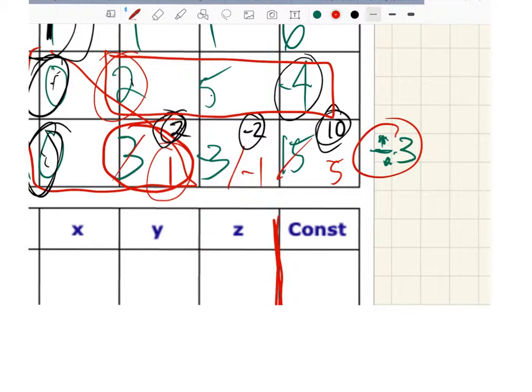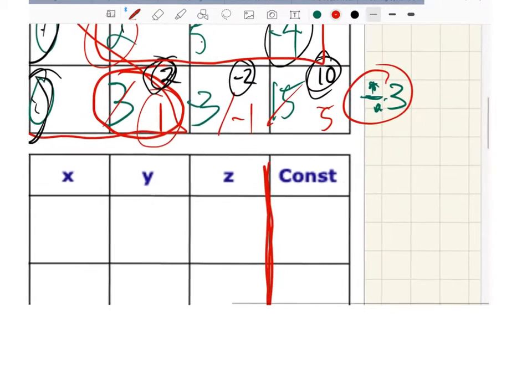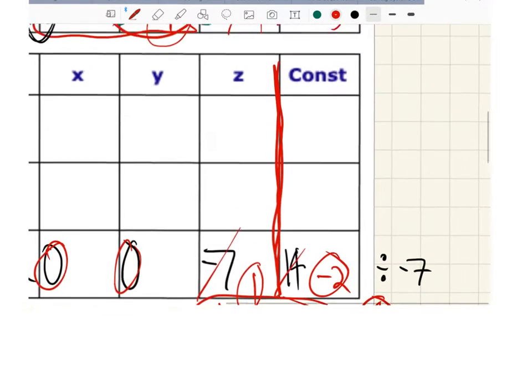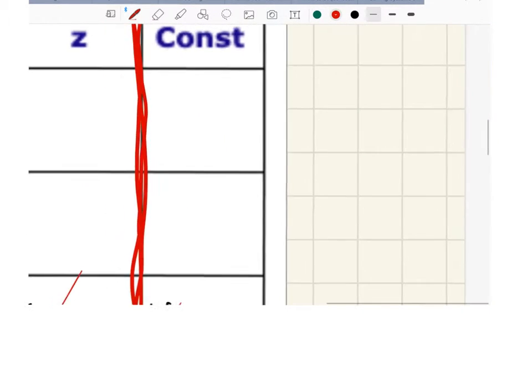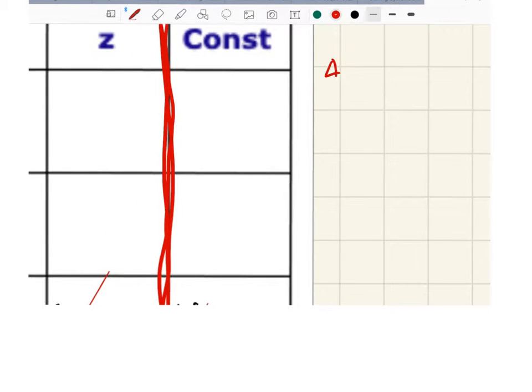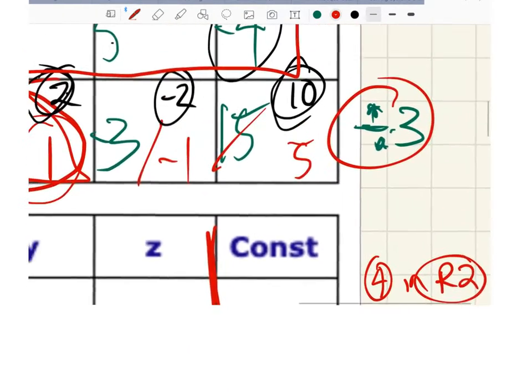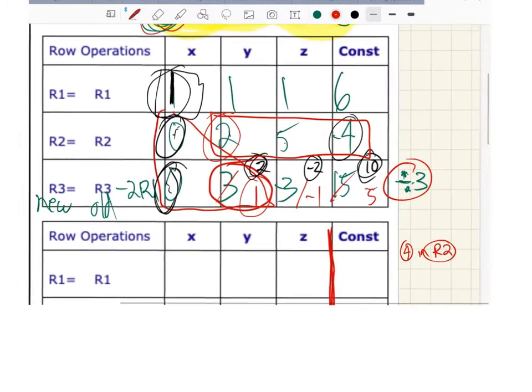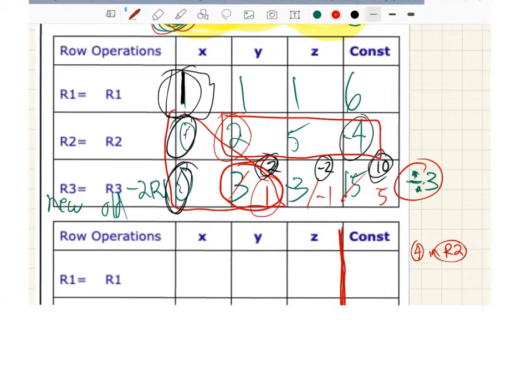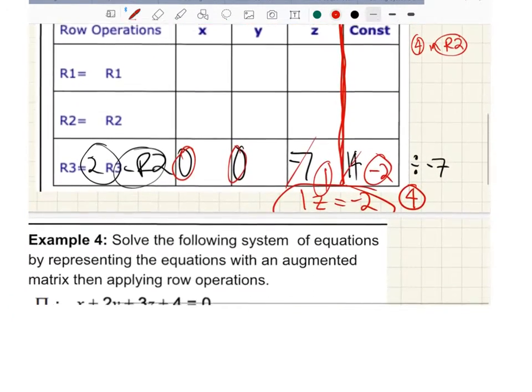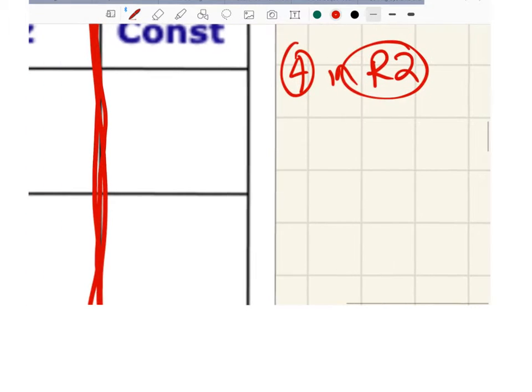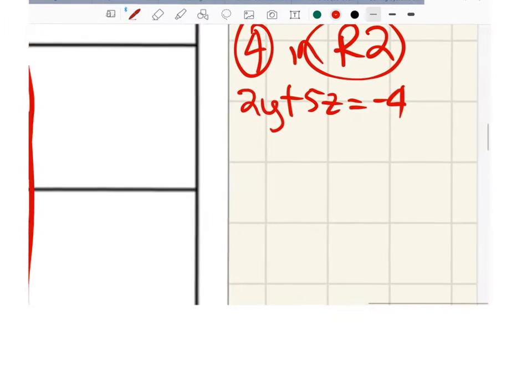Okay, 2y plus 5z equals negative 4. So let's do this. I've got some room right here. So I can put equation 4 in row 2. And again, what is row 2? Row 2 is 2y plus 5z equals negative 4.